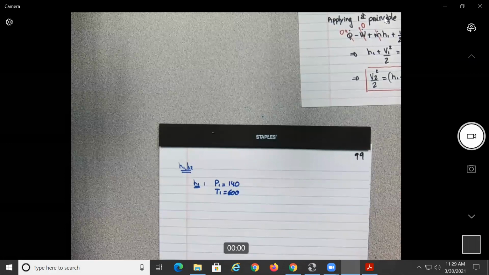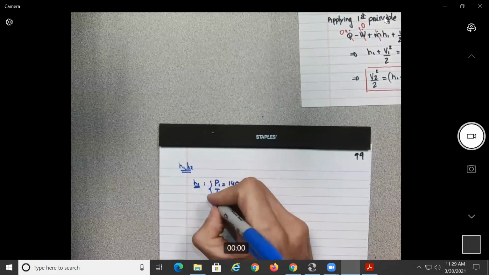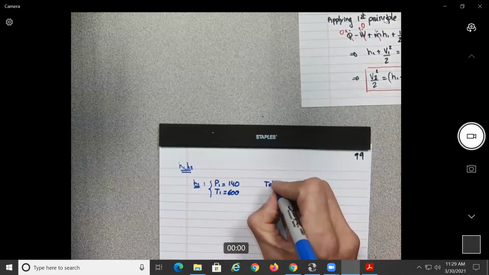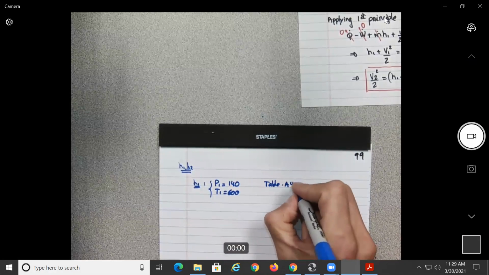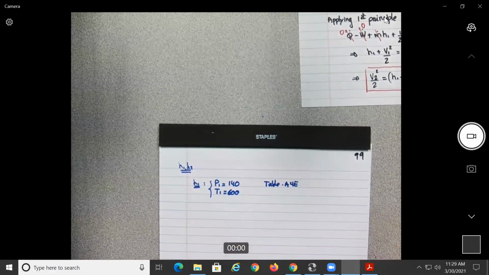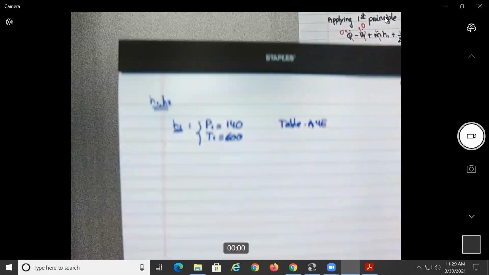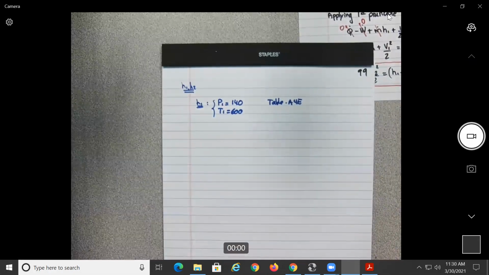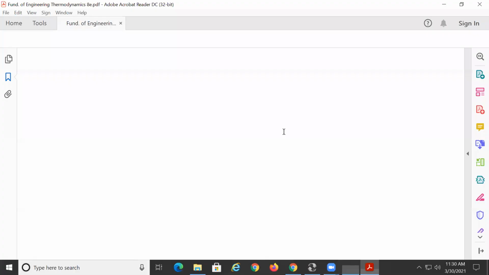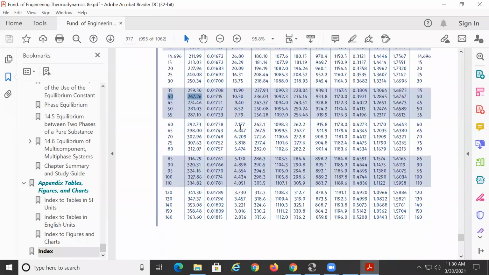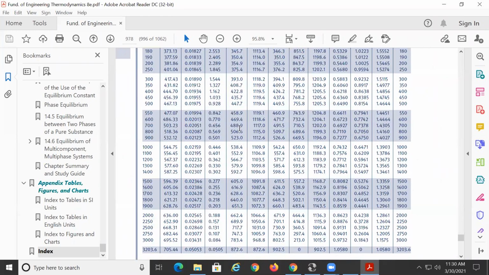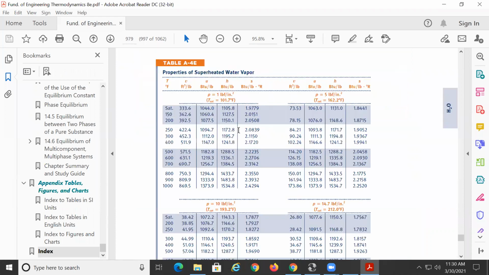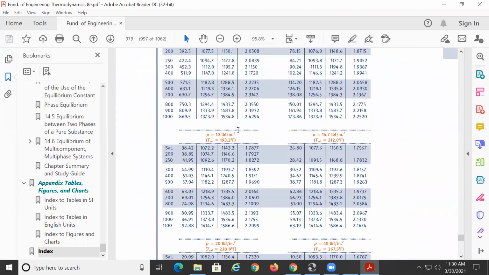So that means we're going to have to go to table A3E, and then the next one is A4E at 140.